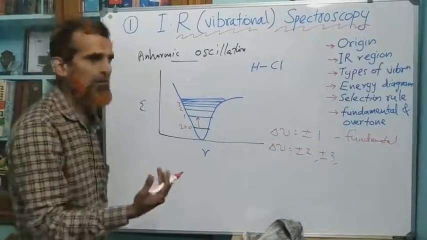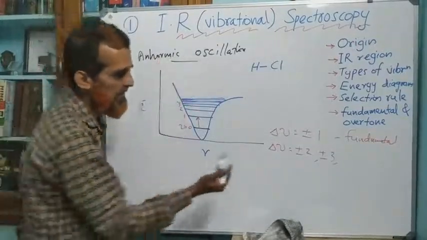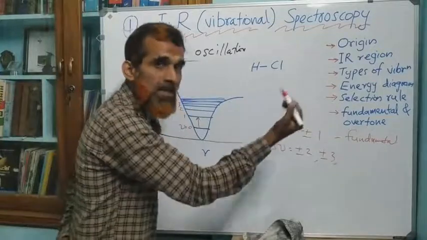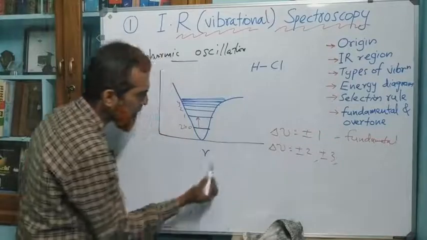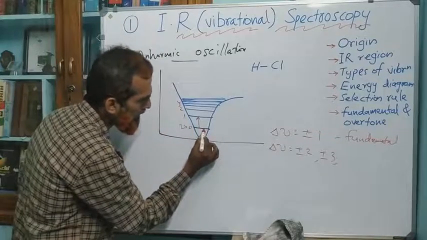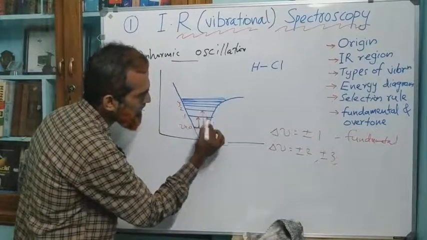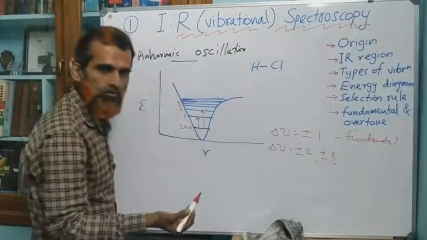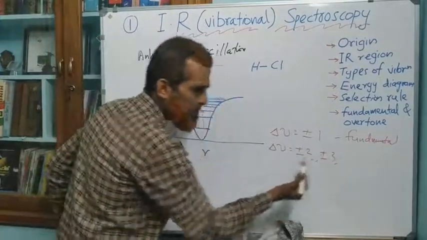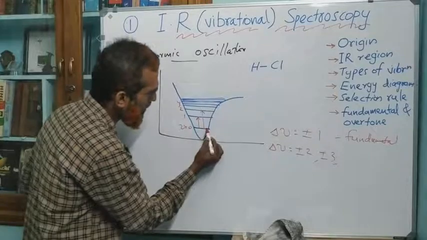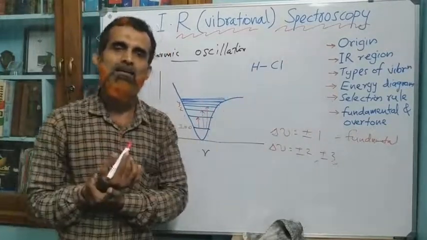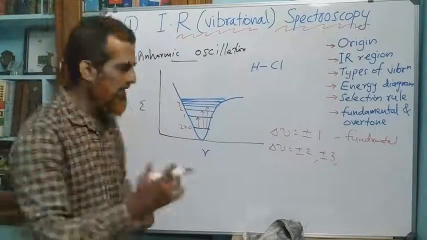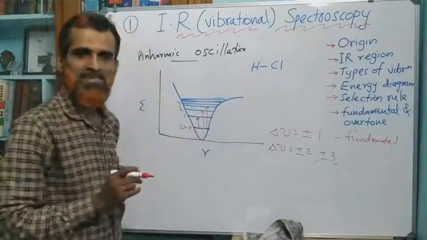But in addition, in anharmonic oscillations, there are also additional transitions possible corresponding to delta nu plus or minus 2. What does it mean? From nu equals 0, it can go to 2, that is plus 2. And what is plus 3? From 0 it can go to 3 also, and so on. But then the probability decreases, so mainly we get these transitions.